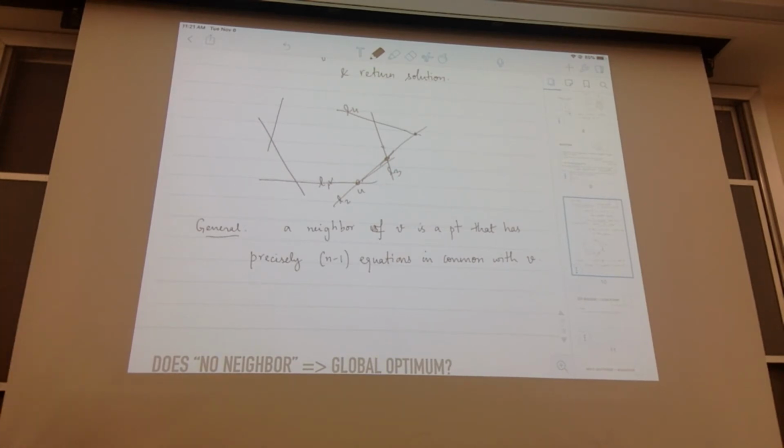B prime is the intersection of n other equations, but the two sets of equations have n minus 1 things in common.